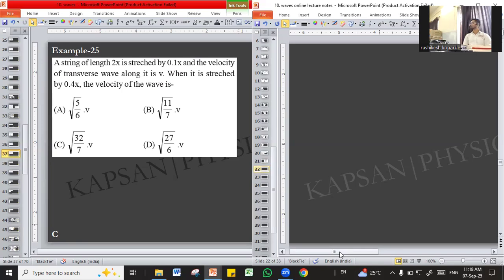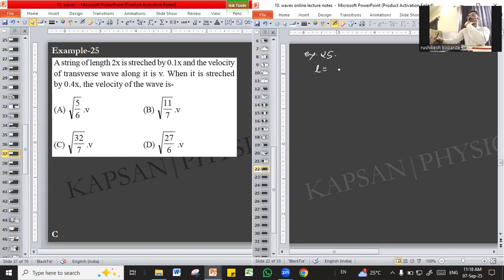Then, a string of length equal to 2x is stretched by 0.1x.